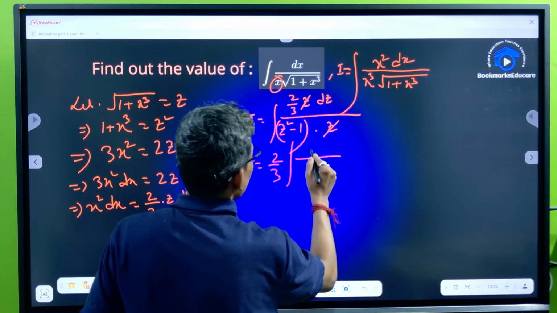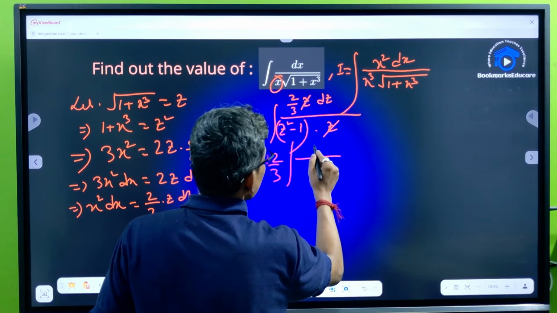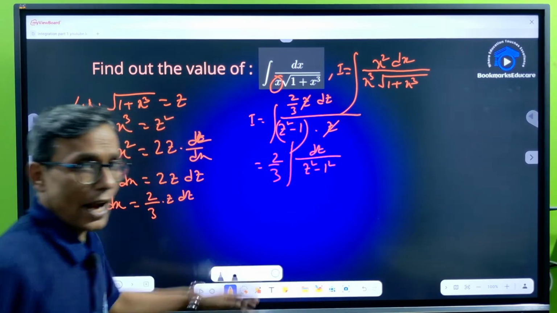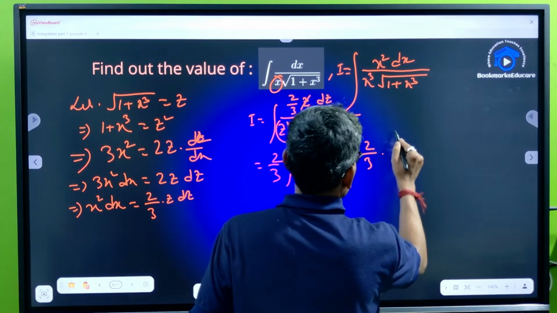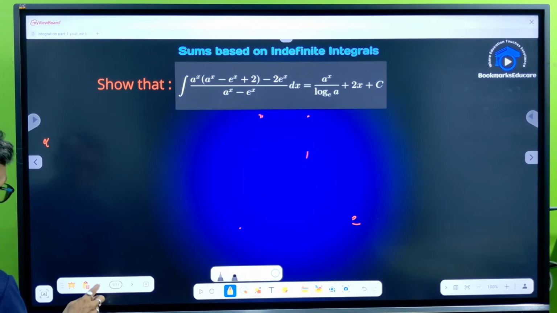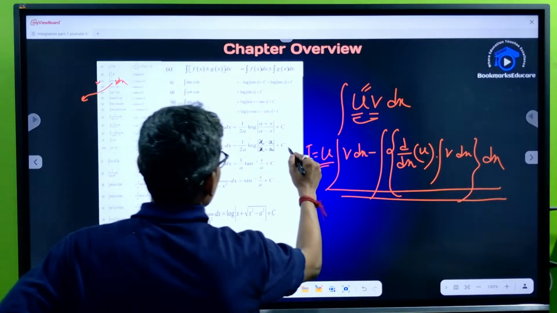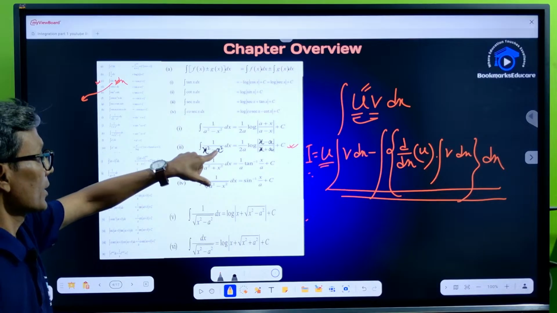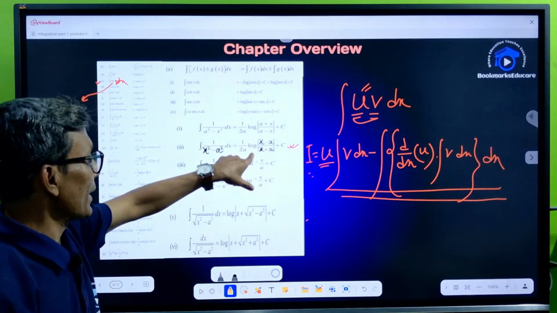2/3. So dz by z square minus 1 square, this is in the standard form. So what will it become? What is its formula? This is the formula: integral of 1 by x square minus a square dx is equal to 1 by 2a into log of mod x minus a by x plus a.